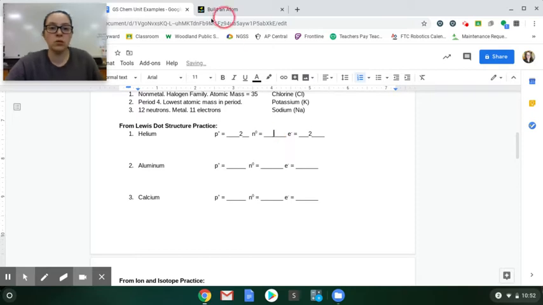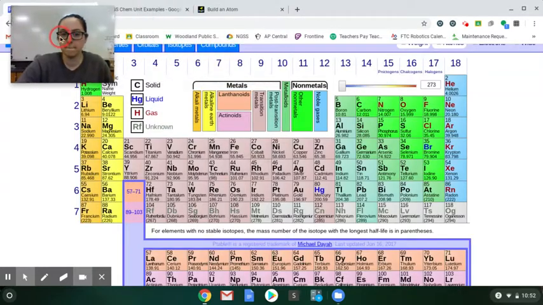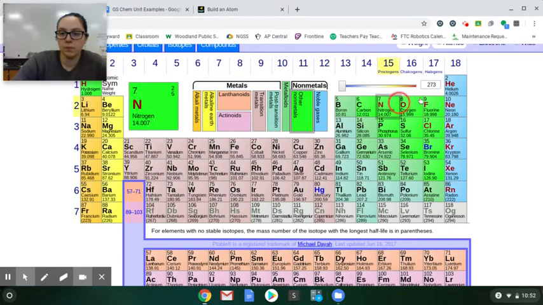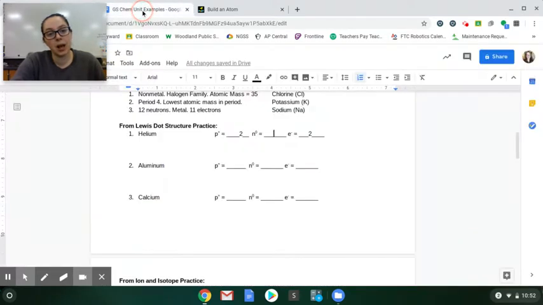My neutrons, I'm going to find it in the same way. It has a mass of 4.0026. We're going to round it to 4. And our mass number is equal to our protons plus our neutrons. Our neutrons are equal to our mass number minus our protons. So if I have 4 minus my number of protons, which is 2, I'm going to have 2 here.